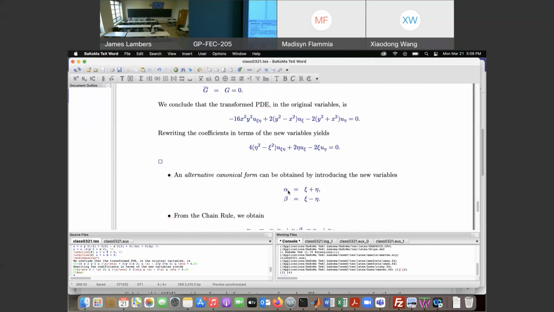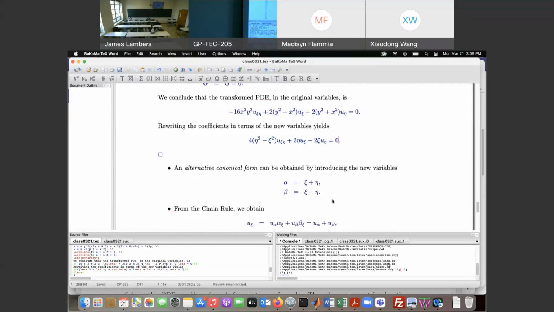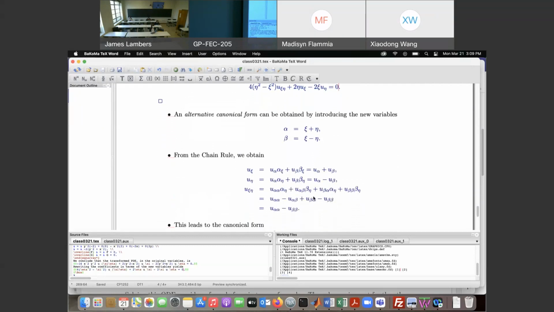Now, another canonical form: if you've already gone to this canonical form, you can make a third change of variable. The new variables are alpha and beta, equal to xi plus or minus eta. You can work out the partial derivatives like before. Notice that the only second partial derivative term you had before, u xi eta, now becomes this in the new variables.